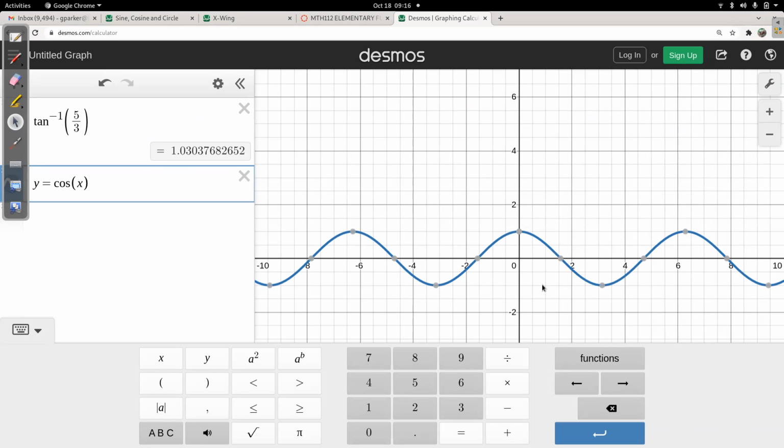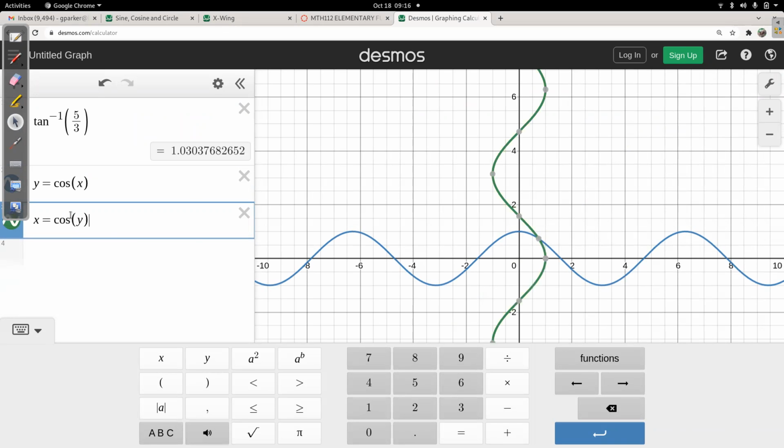So it is a function because it passes the vertical line test, but its inverse is a problem because of the horizontal line test. So if I just try to switch x with y and graph x equals the cosine of y, that's going to give me an inverse relation here. But this green thing is not a function. So we have to cut off parts of it so that it is. So anytime it turns back on itself is a problem.